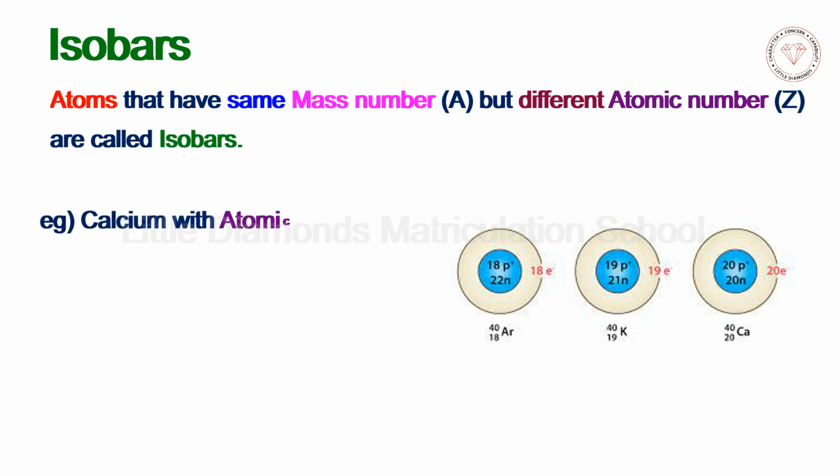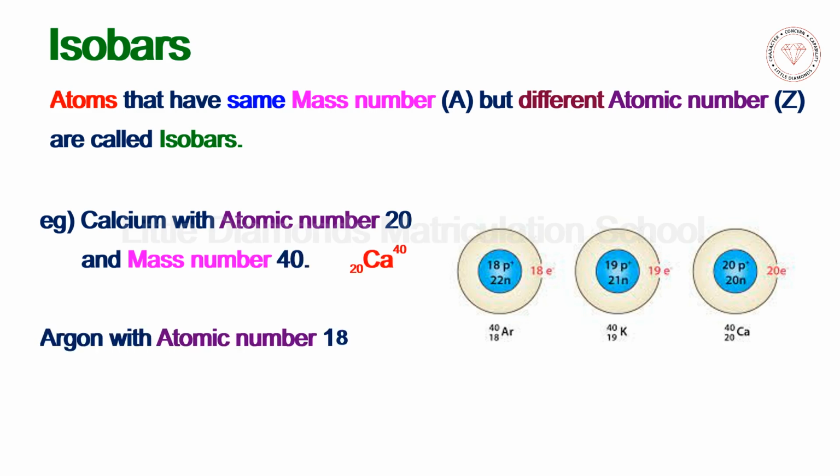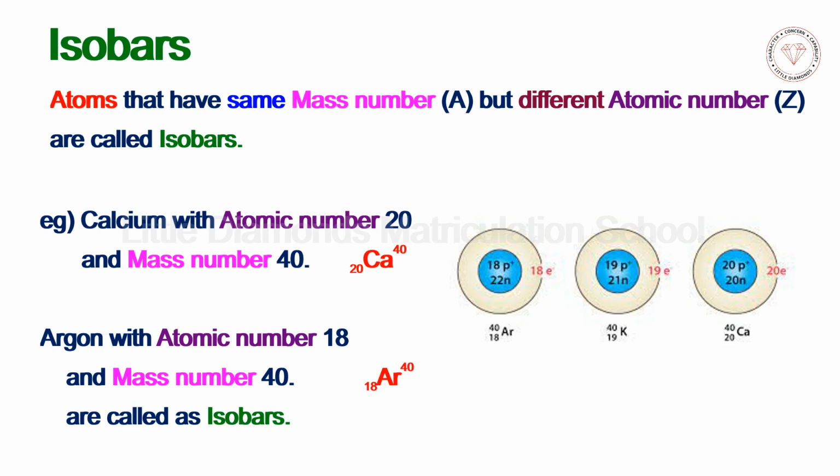Example, calcium with atomic number 20 and mass number 40 and argon with atomic number 18 and mass number 40 are called as isobars because even though their atomic number is different, 20 and 18, their mass number is the same, 40. What is an isotone?